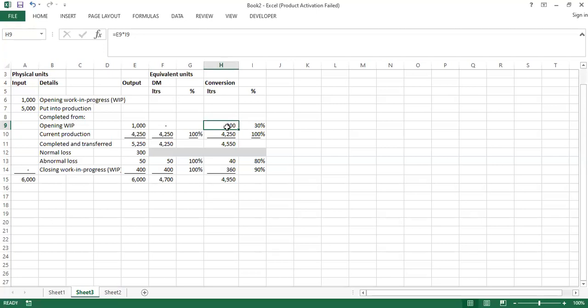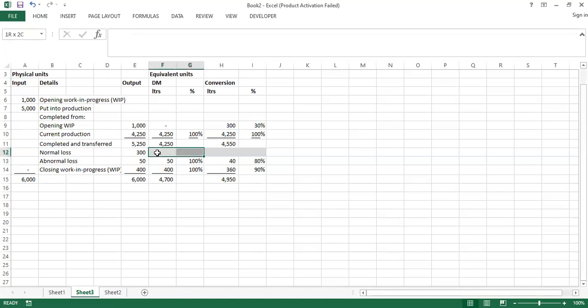Having corrected that, in terms of current production, this is completed, so it's going to be 100%. And with the material, those liters are also always going to be complete.